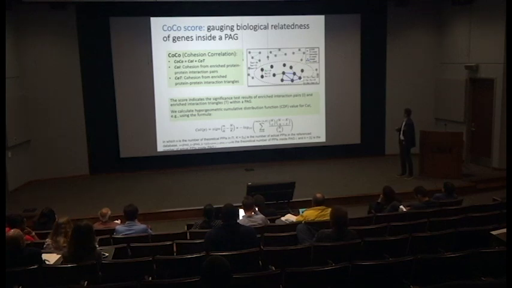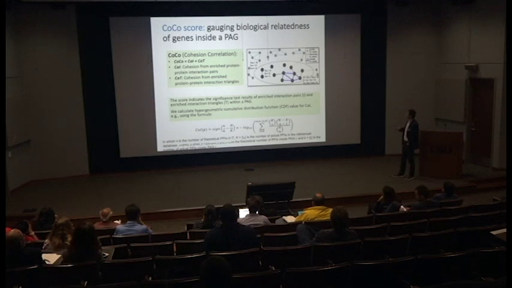We compare all the theoretically possible interactions inside a PAG and all the theoretically possible interactions outside. We use these four parameters and plug them into a hypergeometric distribution to generate a p-value. The CO-I score is computed by counting interactions, and CO-T is computed by looking at the enrichment of triangles. In this particular case, inside is 3 and outside is 1, 2, 3, 4, 5.